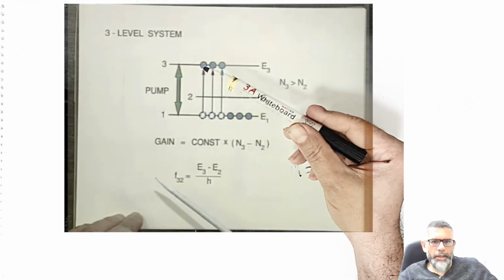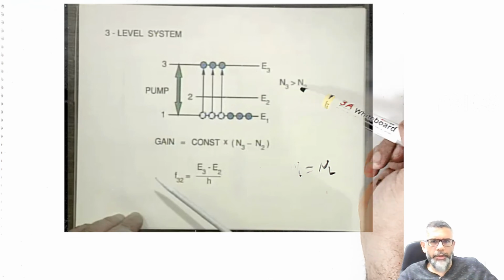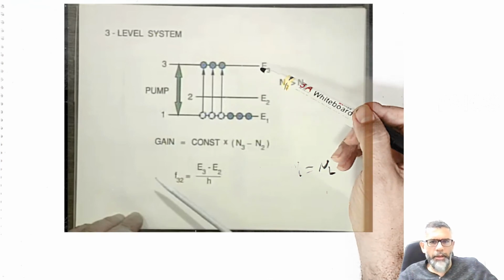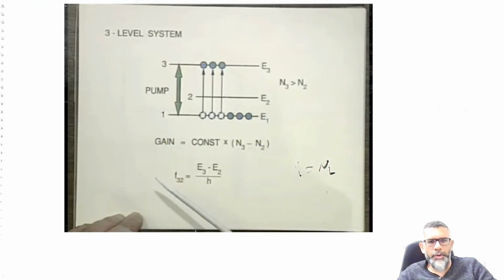Whenever you get at least one electron in the third energy level, you get population inversion. So N3 is larger than N2. So right away, starting with the first electron, you reach population inversion and you're ready to go for laser operation. I hope you understand this.